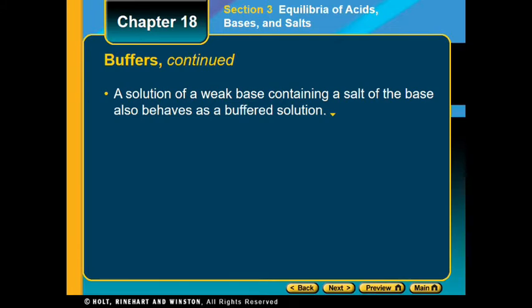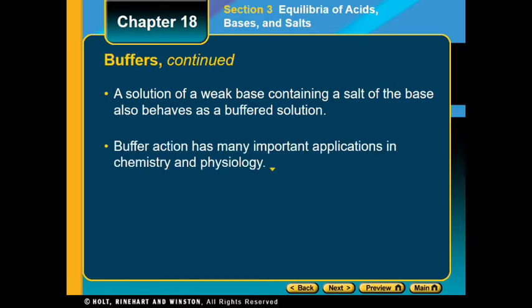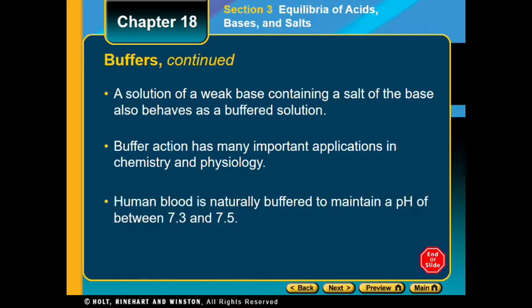So we've been concentrating on our acids. What if we look at our bases? If you have a solution of a weak base containing a salt of a base, it can also behave as a buffered solution. The buffer action has many applications. For instance, human blood is naturally buffered to a pH of around 7.3 to 7.5.